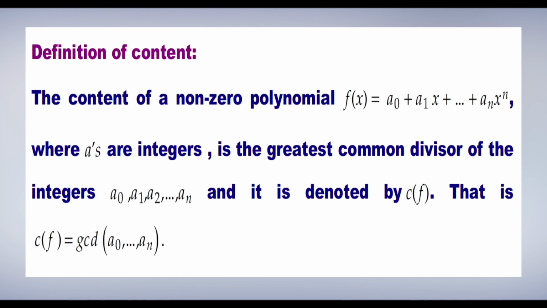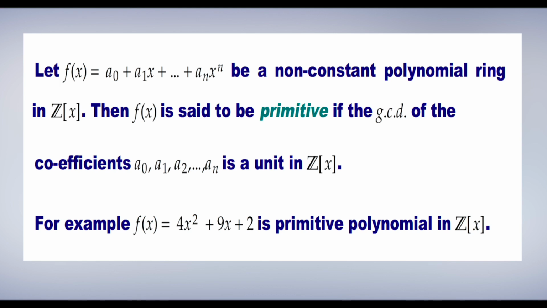The content of a non-zero polynomial f(x) = a0 + a1x + and so on + an xⁿ, where the a's are integers, is the greatest common divisor of the integers a0, a1, a2 and so on an, and it is denoted by c(f). Let f(x) = a0 + a1x + and so on + an xⁿ be a non-constant polynomial in Z[x]. Then f(x) is said to be primitive if the GCD of the coefficients a0, a1, a2 and so on an is a unit in Z[x].